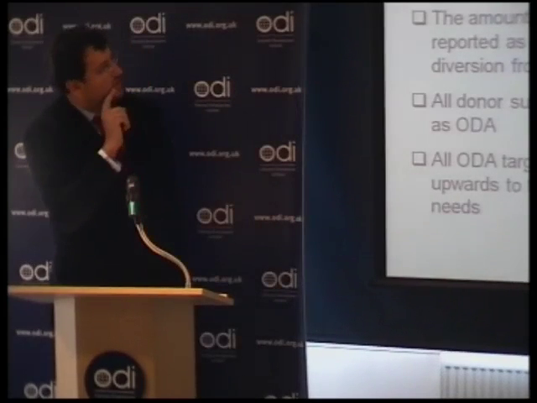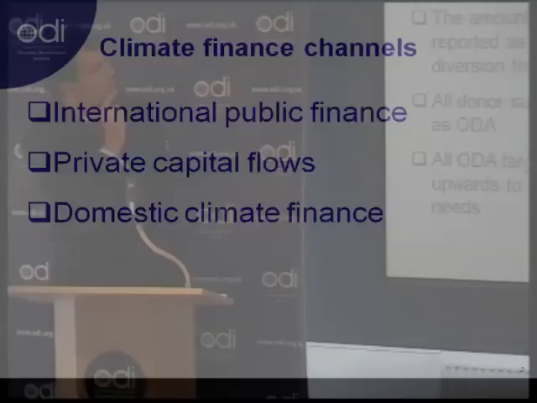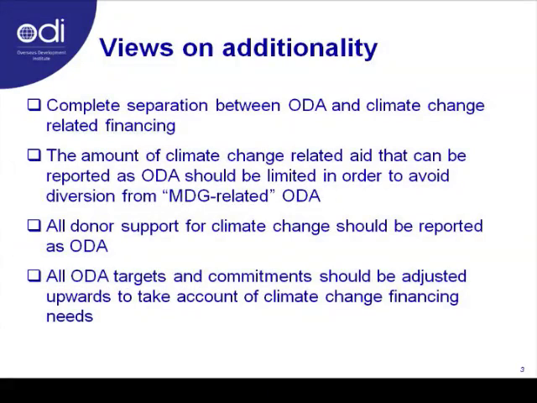Before presenting the numbers, I think we should briefly introduce the notion of additionality. Here we report 4 definitions that we take from an OECD document in 2008. The first definition requires a complete separation between official development assistance and additional funds for climate finance.